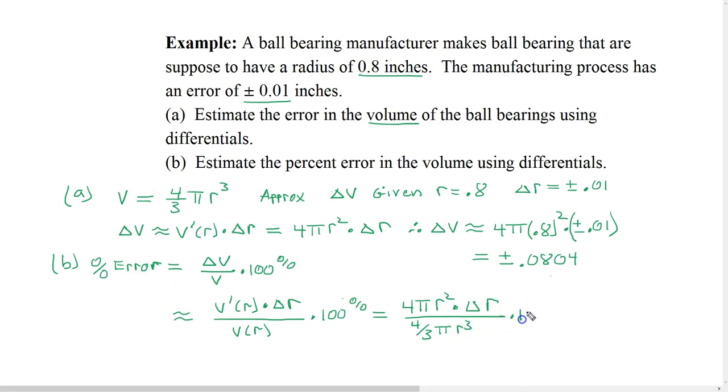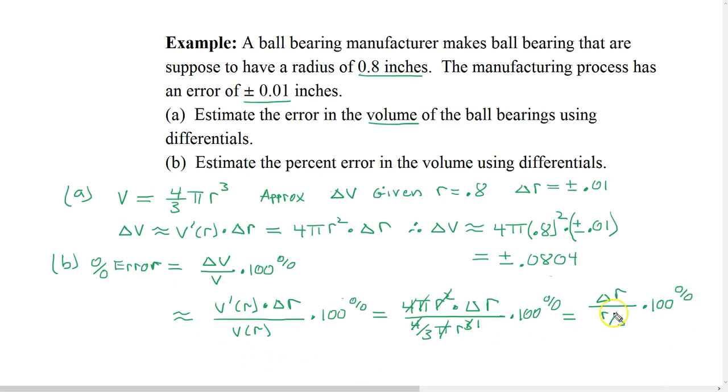And then we have to multiply that by 100%. And all of this simplifies. Let's see, the r squared cancels with an r cubed down here, leaving us with 1 r. The pi's cancel, the 4's cancel, and we end up with the change in r divided by r over 3 times 100%.